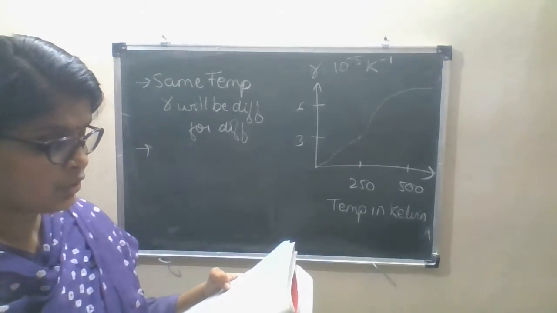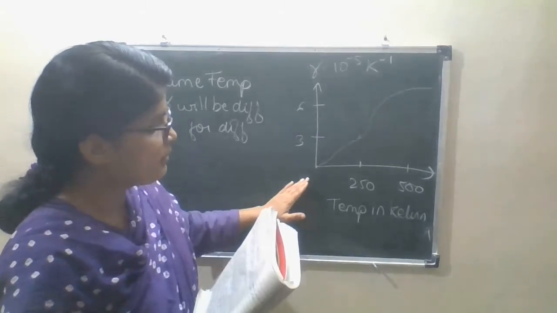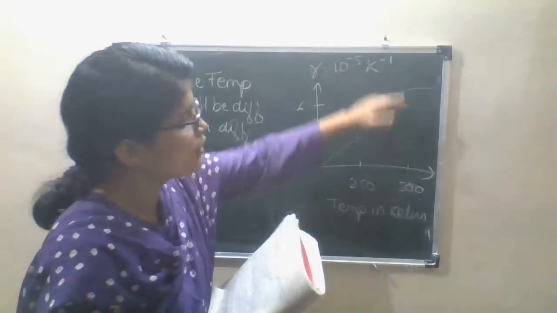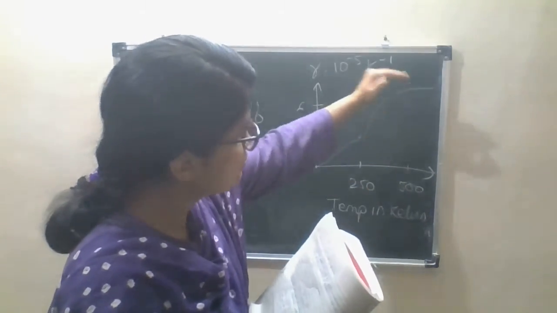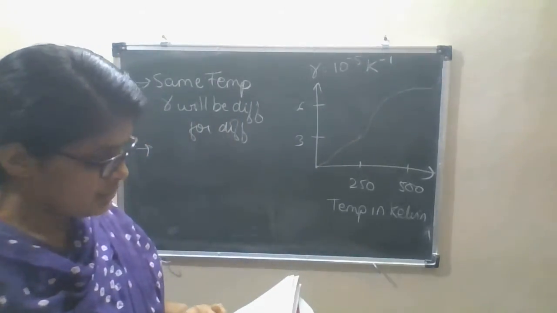So gamma becomes constant at a certain high temperature. That means, I think after 500 Kelvin, it is going to become constant. And the values of gamma are generally small.